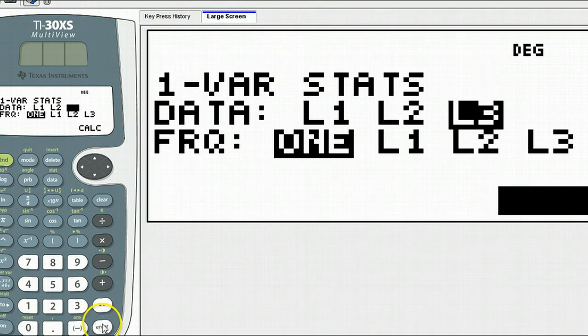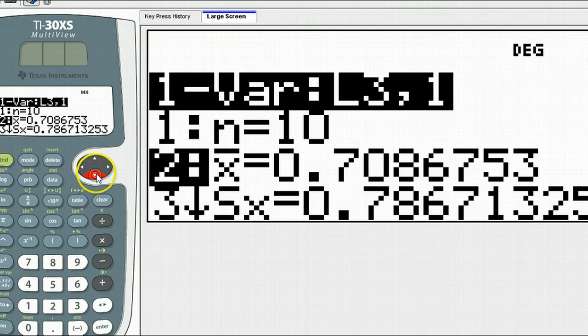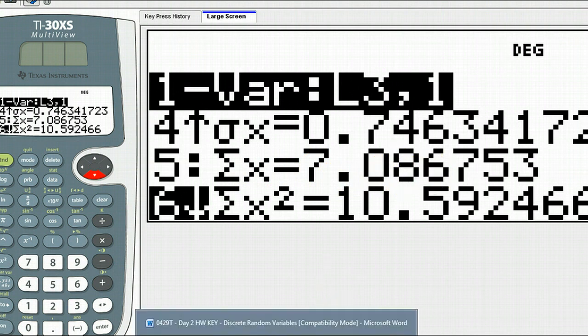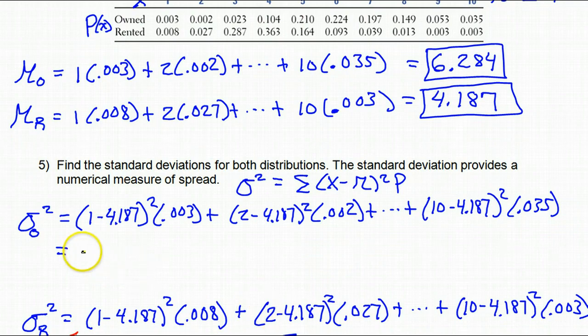Enter, enter, enter. Scroll down to item 5 and there is your variance, 7.09, let's say.